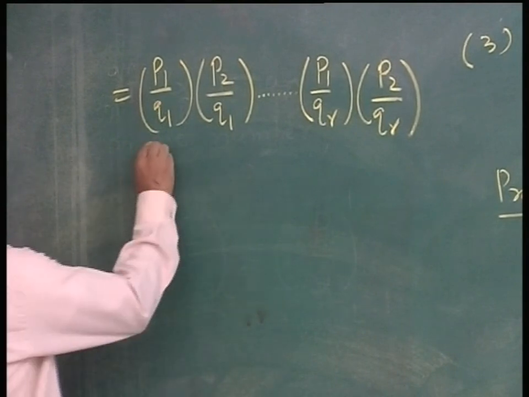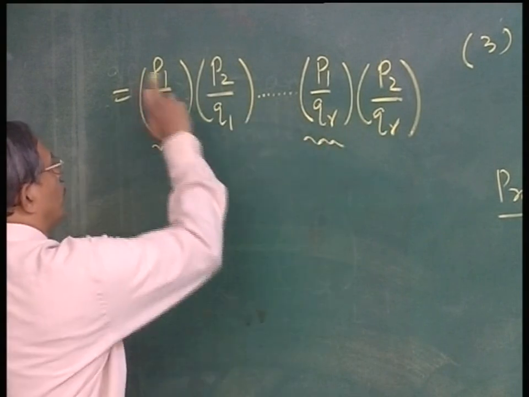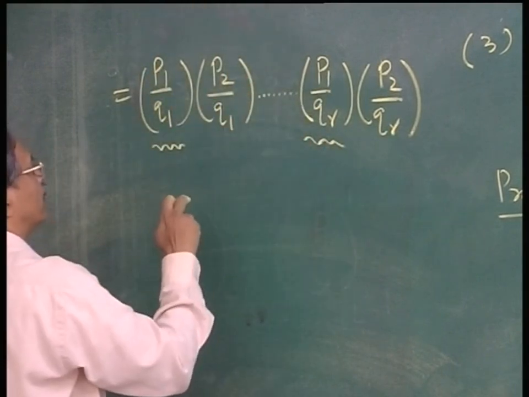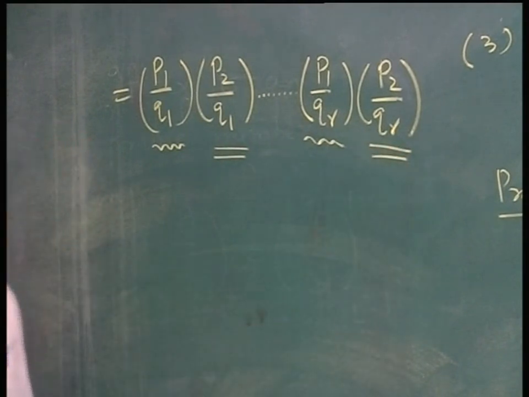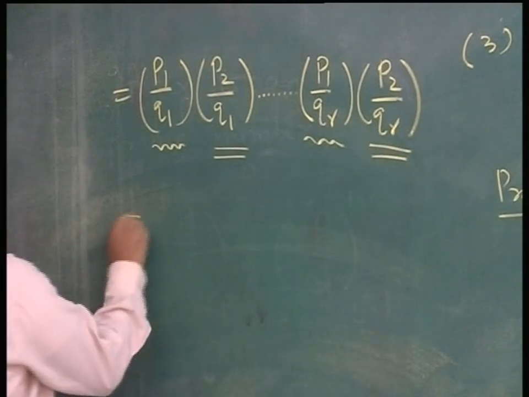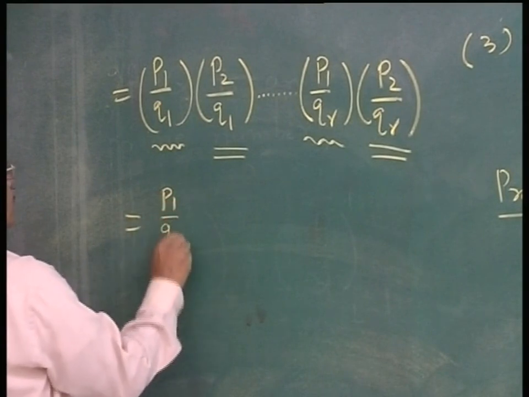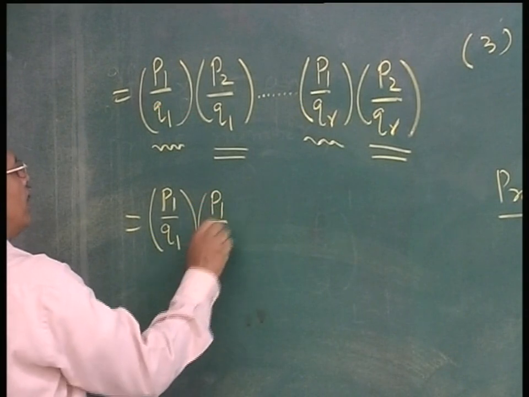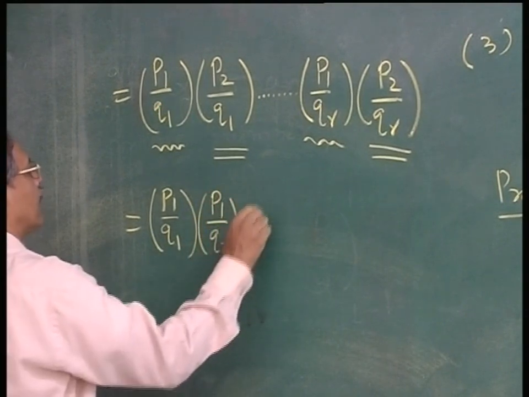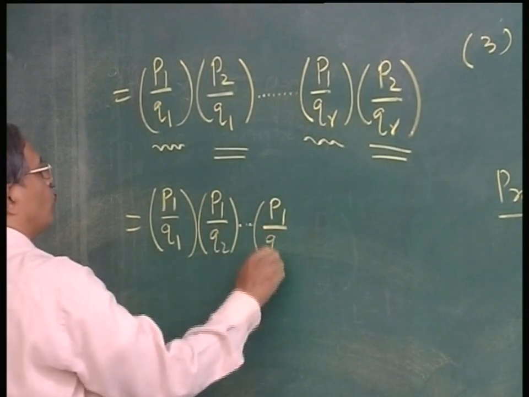Now we take these terms together: all terms corresponding to P1 we take together, and all terms corresponding to P2 together. So rearrange. So this is (P1/Q1)(P1/Q2), etc., (P1/QR).